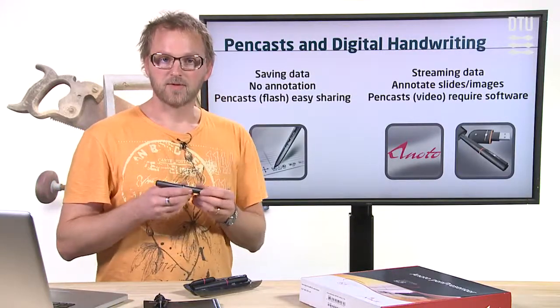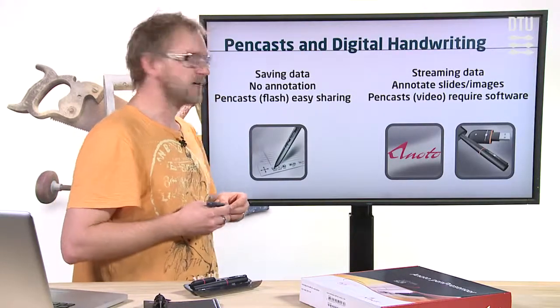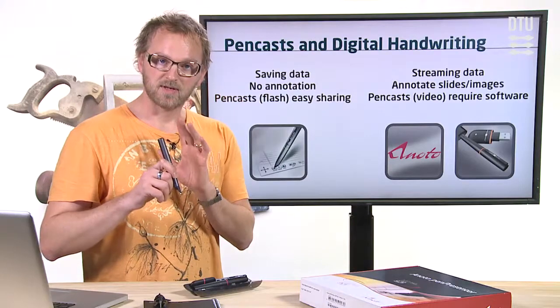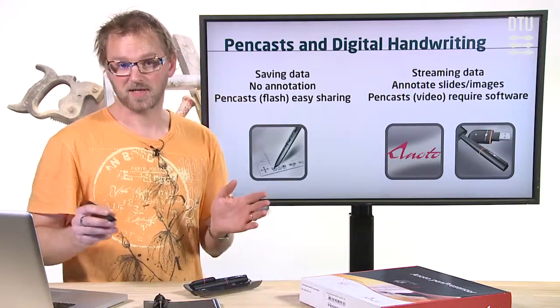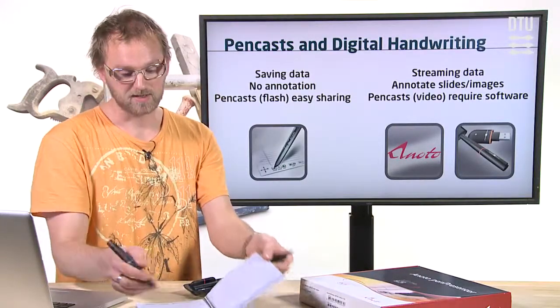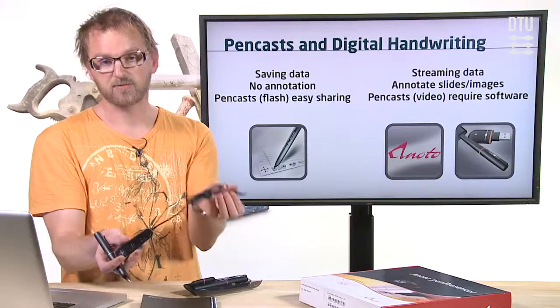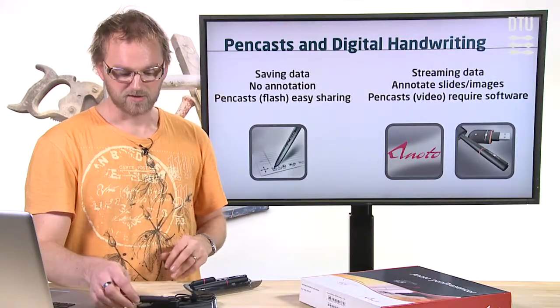If we take the Smart Pen from LiveScribe, the special thing about that is it saves the data in its internal memory. So you don't need a computer turned on at the same time. You can just write in your book, and afterwards you use a USB cradle to upload the digital handwriting to your computer.